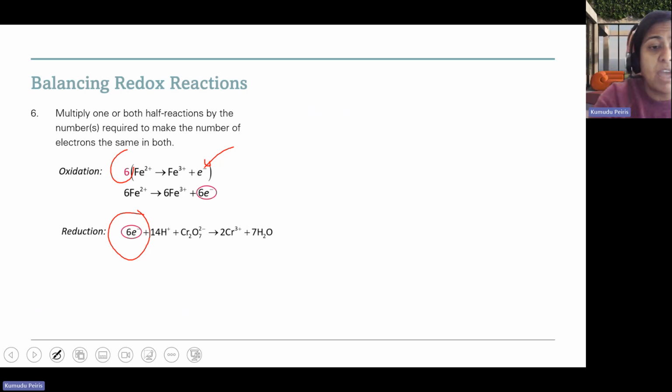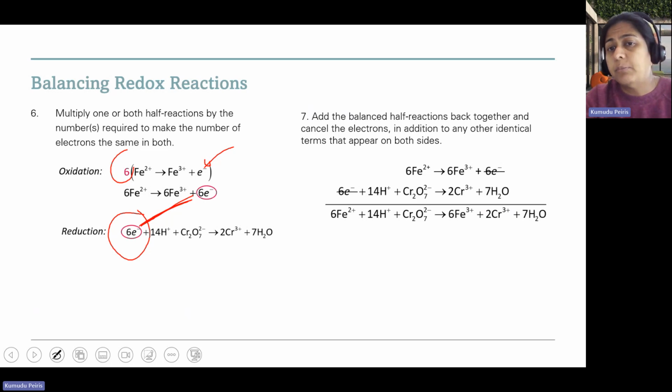Therefore, the oxidation half reaction should be multiplied by 6 to make the electrons equal to 6, right? Next, we add both half reactions together to cancel the electrons out.